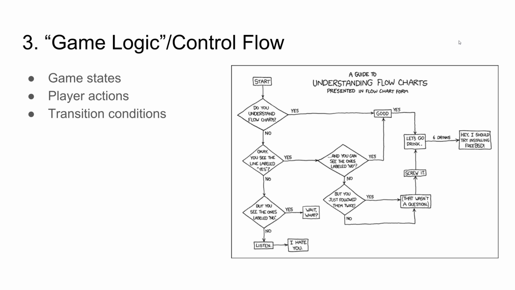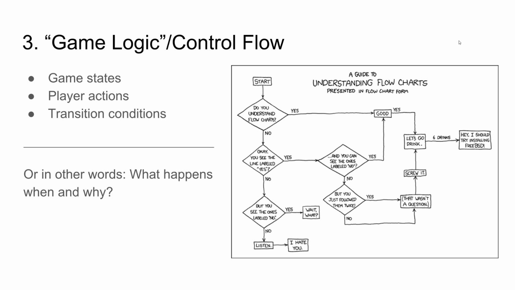And in this experience, we need to know how many bottles of each color there are, how many bottles the user's collected, because once the user collects all the bottles, we should end the experience and tell them that they won or they completed it, and give them feedback. So we need a way of tracking the state and a way of managing all of this information. So basically, control flow is telling us what happens when and why.